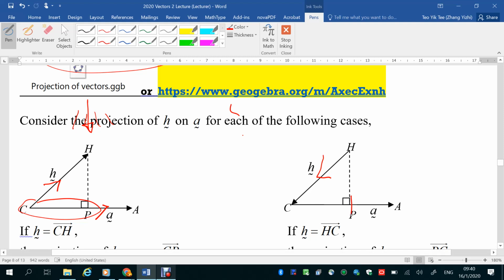It's still down here, right? Is my projection CP or PC? PC. It all follows the direction that it starts from. So if I say I want you to project HC, I start from H, and the projected vector will also start from this direction. Anyone lost?